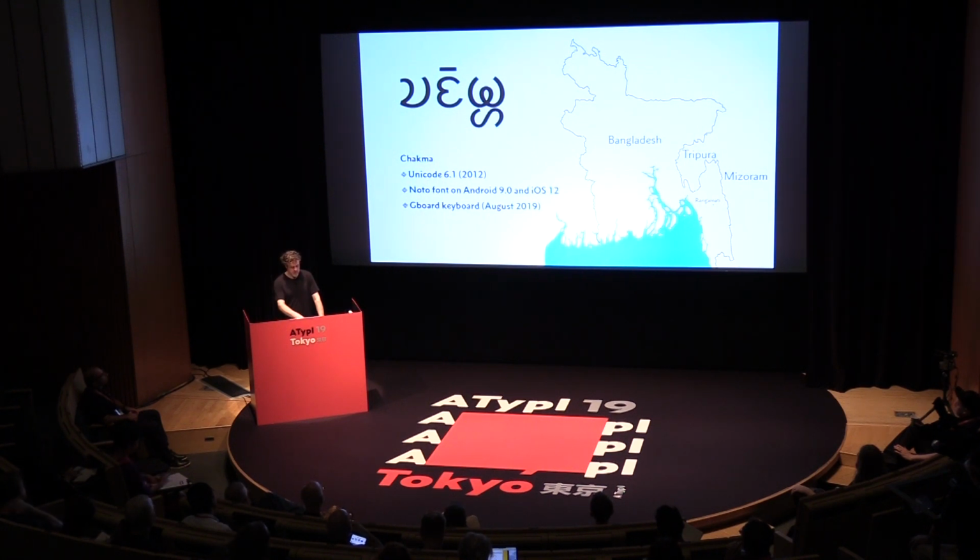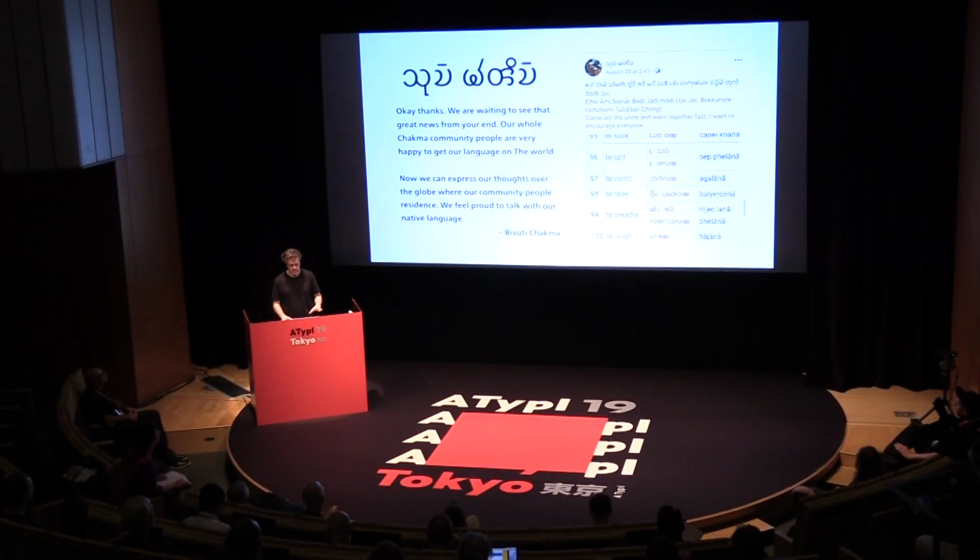And just last month, as I was preparing this, Gboard keyboard became available on Android, and immediately Bivudi started posting tutorials, how to install it, how to use it, telling people, get this keyboard, get the font, get everything ready, like upgrade to Android 9 if you're on Android.